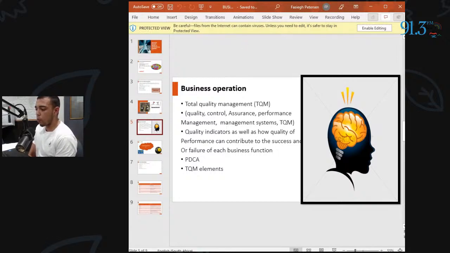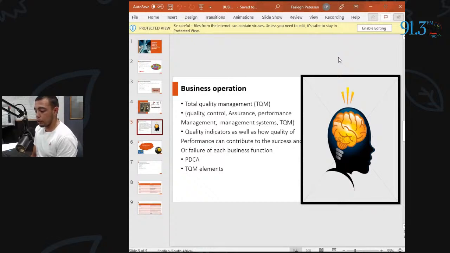Total quality management: we look at quality management, quality control, and quality assurance. The two that you need to know are quality control, which takes place before and after, and quality assurance, which is the inspection that takes place during and after to make sure that quality checks and quality controls take place. We also look at quality performance and quality management.